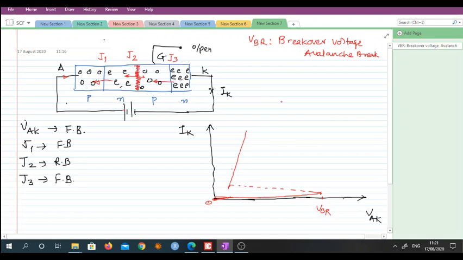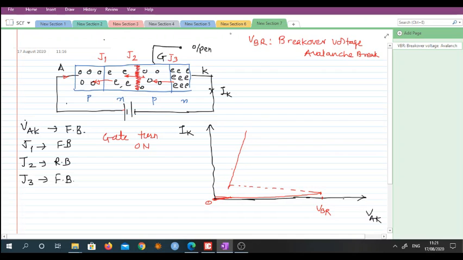This kind of turning on of the device is very dangerous because it may create a hotspot, since a heavy current starts flowing through the junction, and there may be a chance that the device gets damaged. So this method is generally not preferred, and for it we use an alternative method called the gate turn on method.